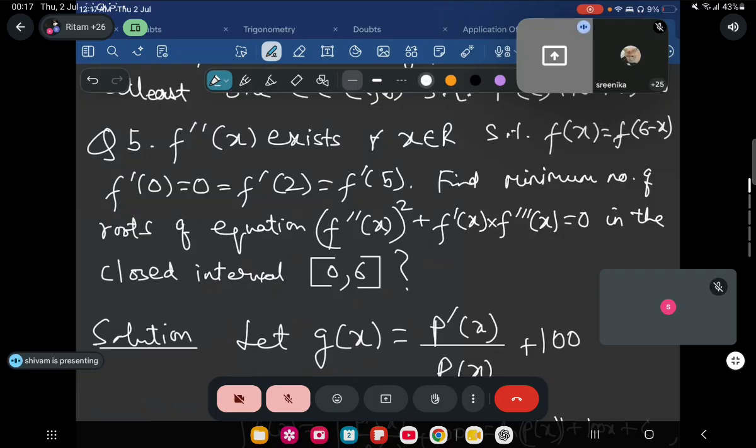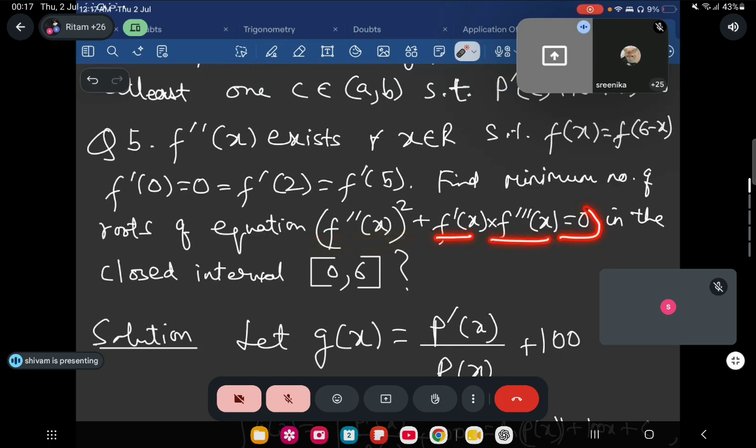Over here it is given f of x equal to f of 6 minus x. Does it look like the function is periodic? And again, we have got f double dash x whole square plus f dash x into f triple dash x is equal to 0.